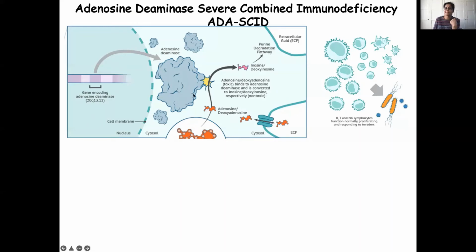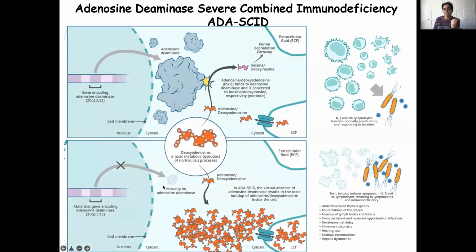So we need this enzyme to be present for the functioning of our immune cells. What happens in ADA-SCID is that there is a mutation here.